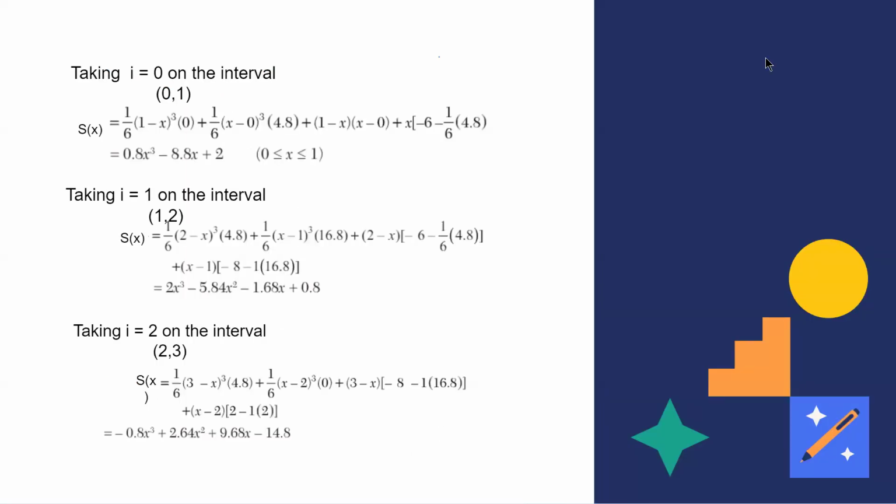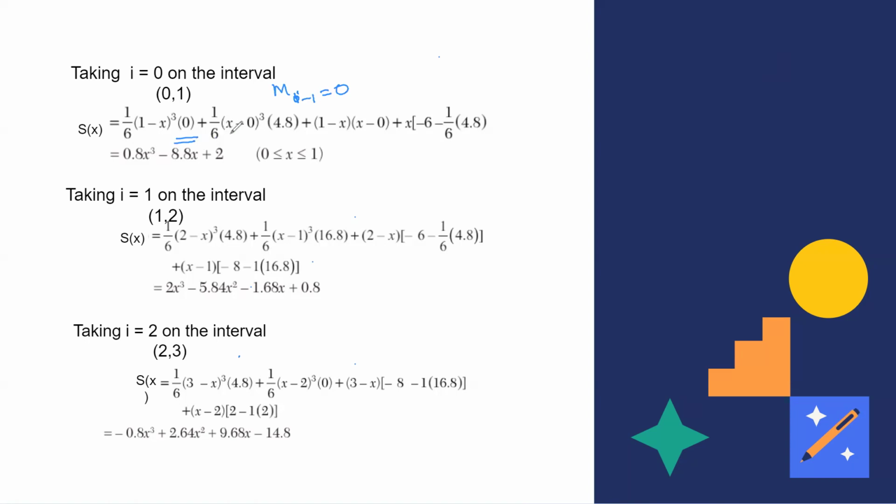For finding the first cubic spline polynomial on the interval 0, 1, I just put the values here. S of x is equal to 1 by 6, 1 minus x cube into 0. 0 means that m0, that is mi minus 1, is equal to 0, so that value is 0.